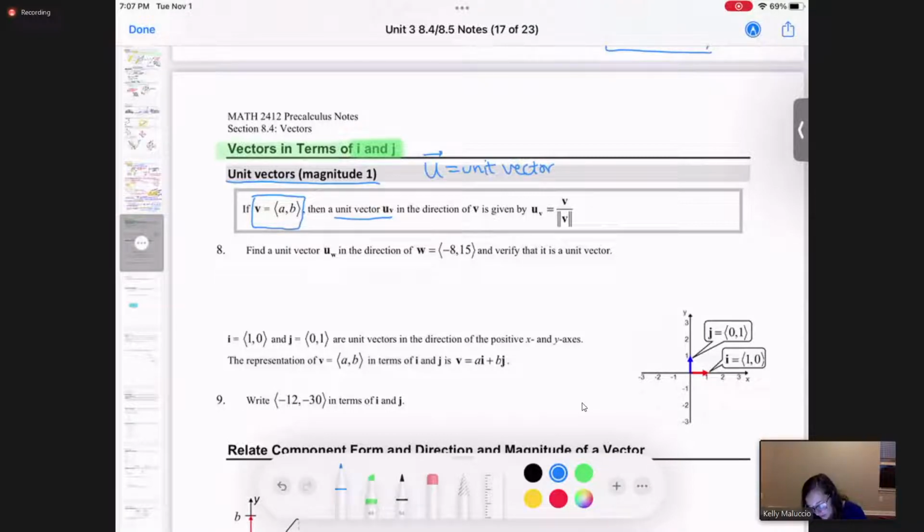So u sub v is the vector v divided by this, which I call the norm, but it's actually just the magnitude.